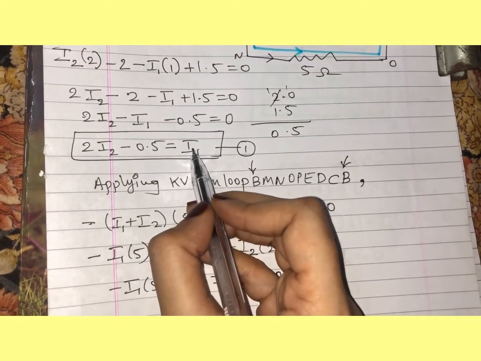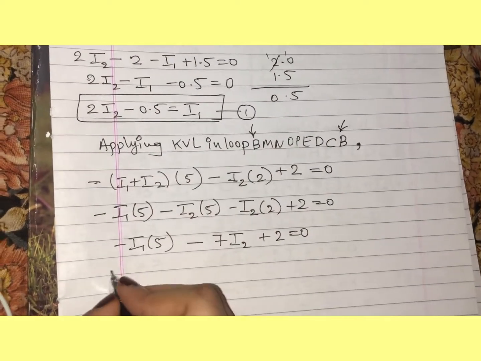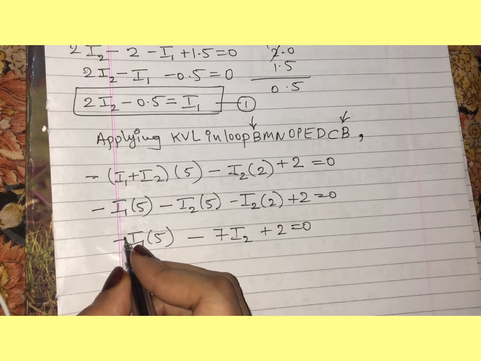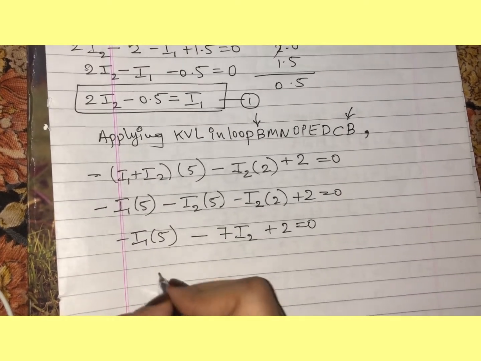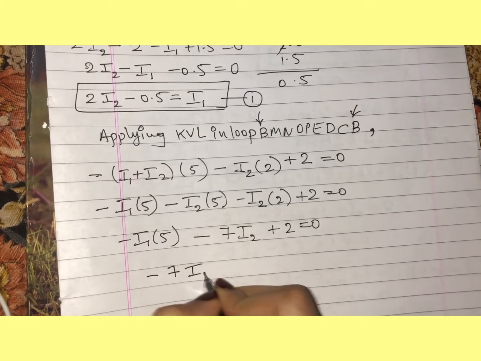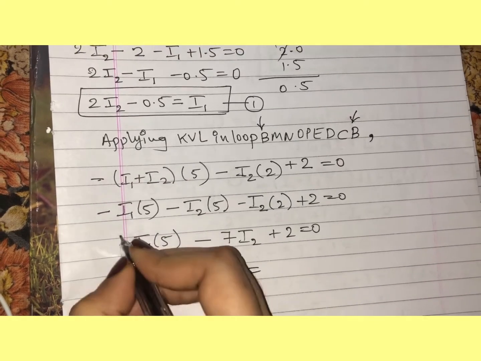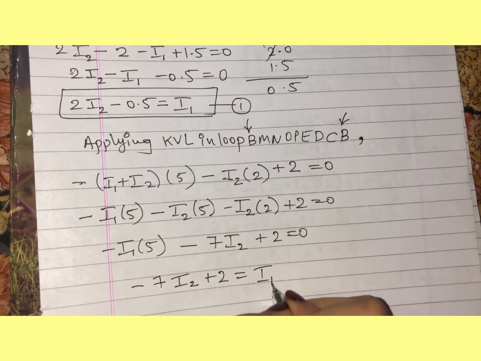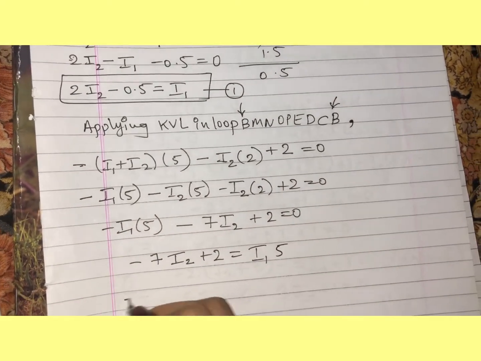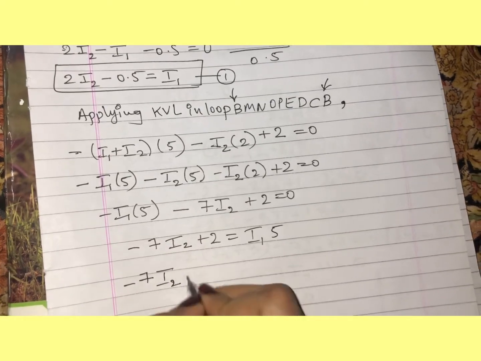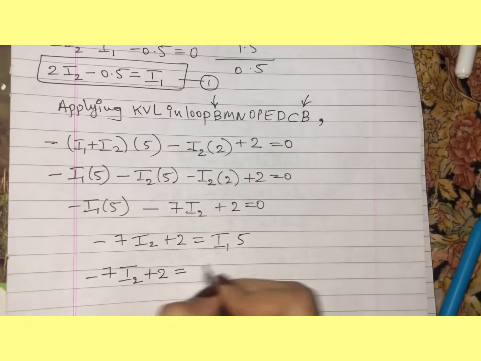Now we have the value of I1, so we can substitute it. Before substituting, we take this I1 on the right-hand side, because it has a negative sign with it; minus I1 taken to the other side becomes positive. So minus 7 I2 plus 2 is equal to 5 times I1. Now what is I1?